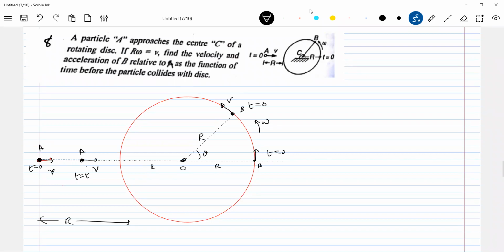Can you define velocity vector of B? That's very simple. It's asking just velocity of B with respect to A and acceleration of B with respect to A, no? So I'll proceed like this. So first we have to get the velocity of B with respect to A. It's a very simplified approach.